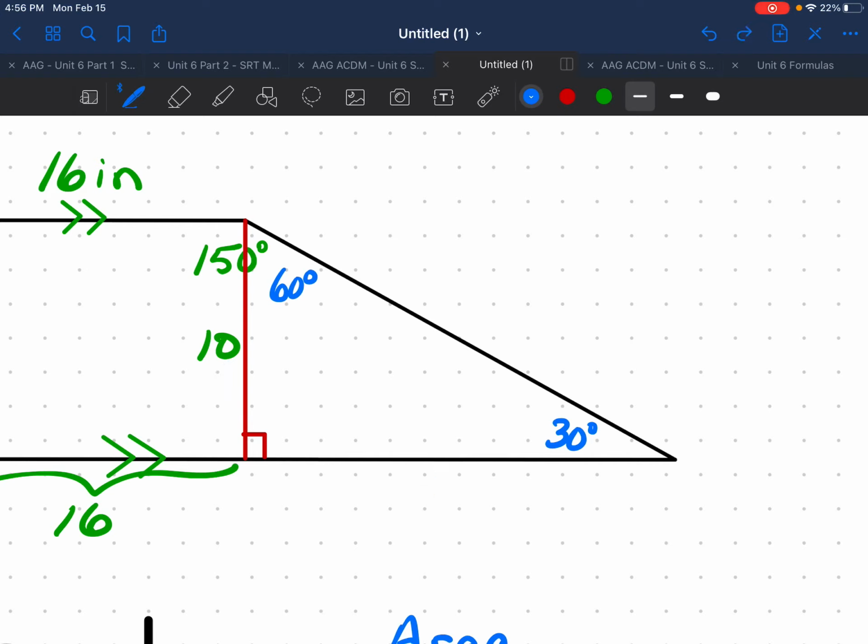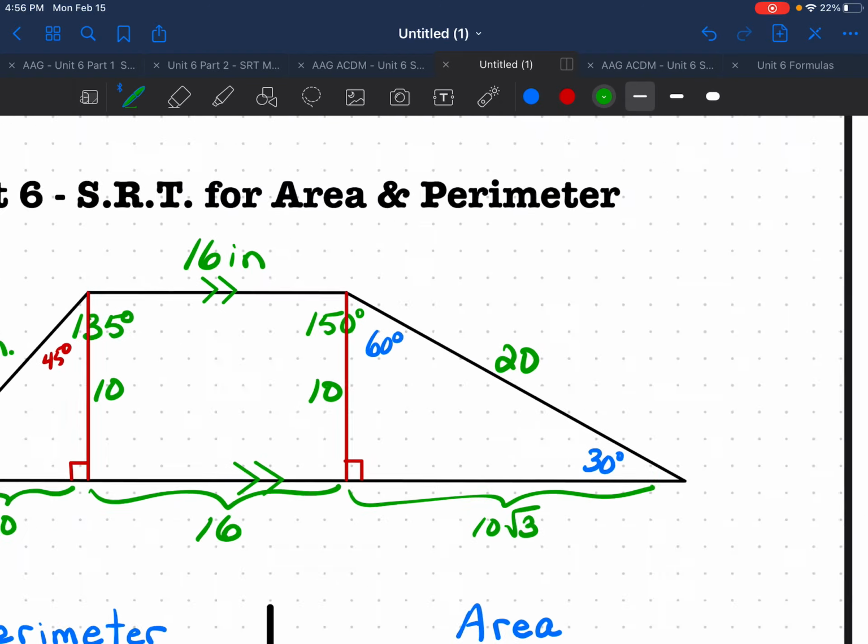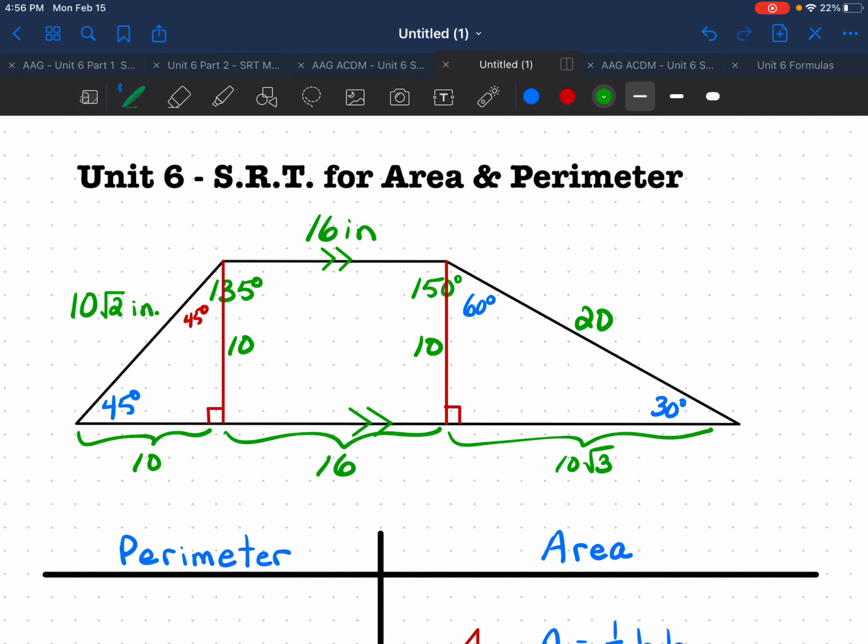So now let's apply our rules. 10 times radical 3 will give us exactly that, which will be 10 radical 3, and then 10 doubled for the hypotenuse will give us 20. All right, boys and girls, I'm going to zoom out. We have labeled every side in this trapezoid that has special right triangles in it.